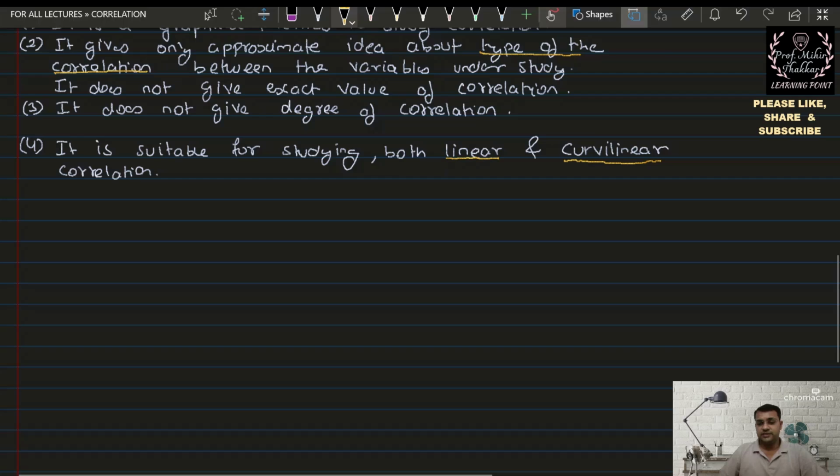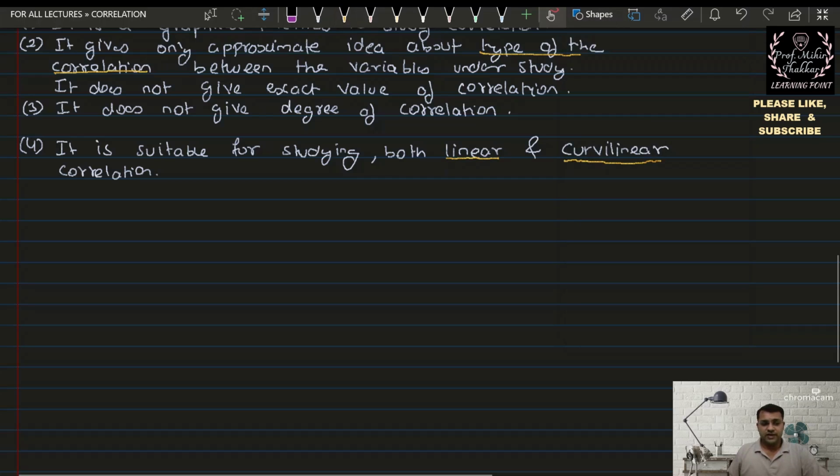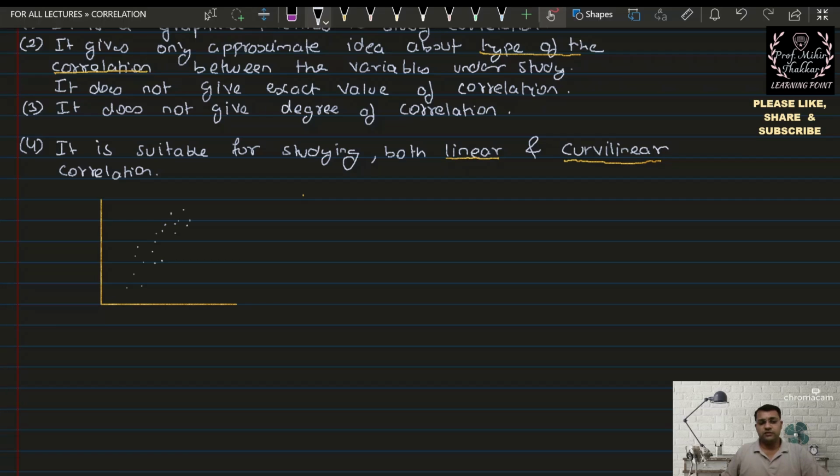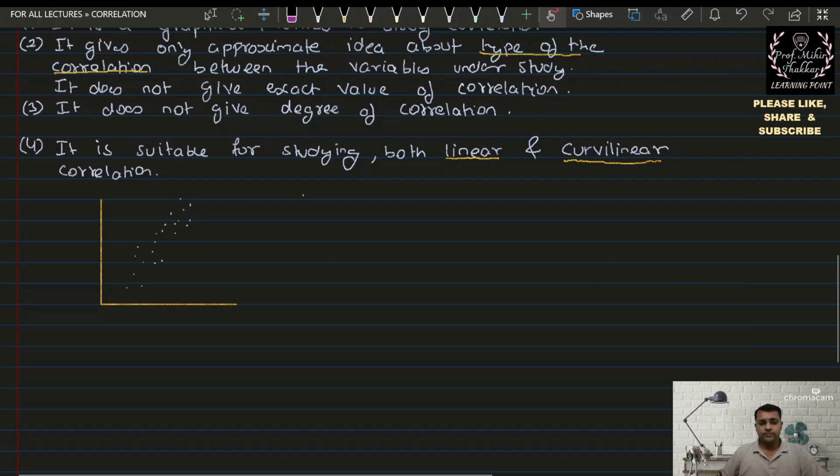Like see, it is like this. Suppose you have x and y axes, so the points can have this kind of formation. From here I can understand that approximately there is a rising tendency like this. Then this kind of formation is called a linear correlation.